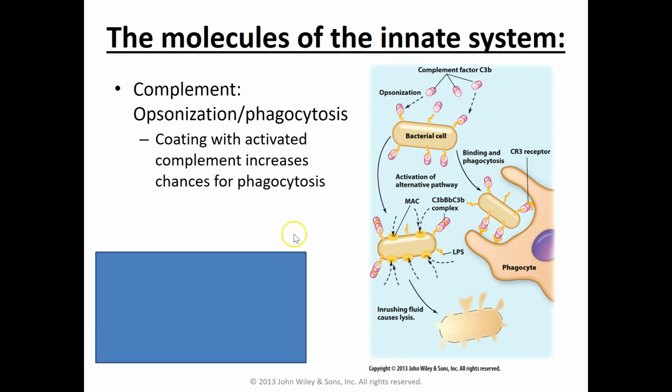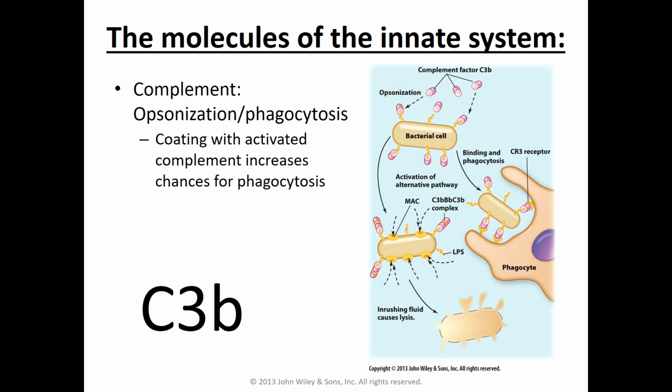So, here's that first picture, right? But now it's C3b that's starting it. So we know this is the alternative pathway of complement activation, right? That C3b binding is called opsonization, right? Coding for destruction, right? Look at how huge I wrote that.